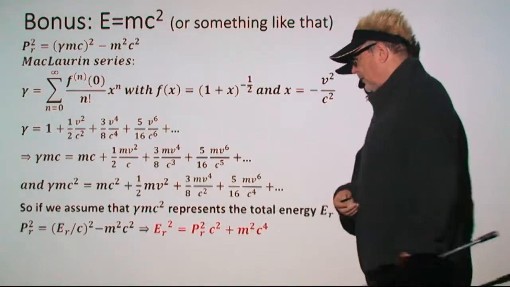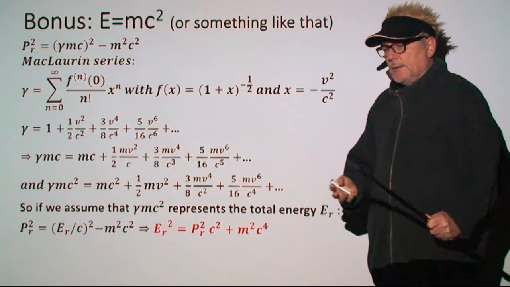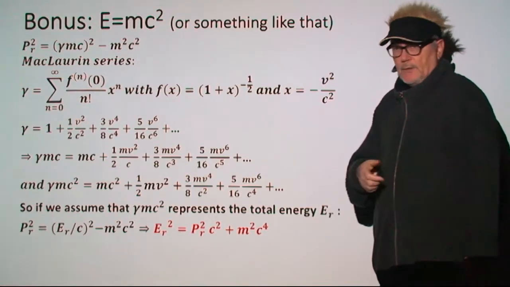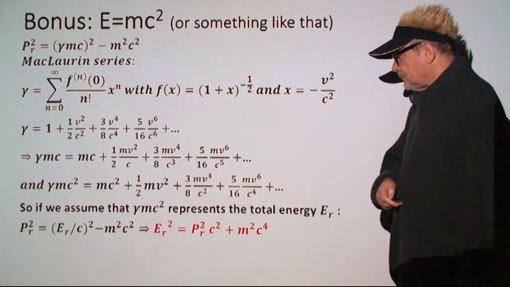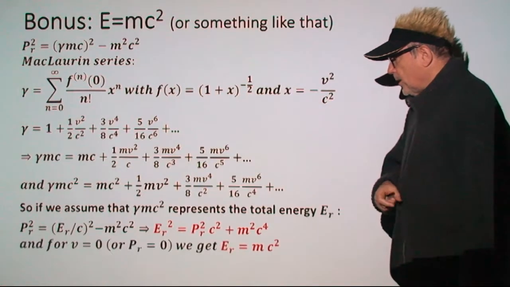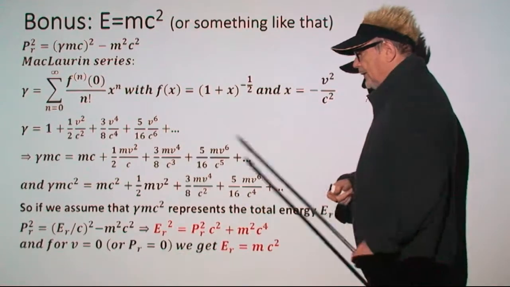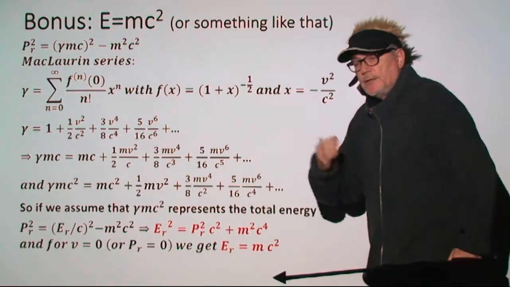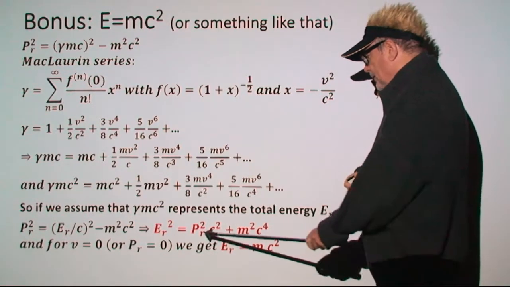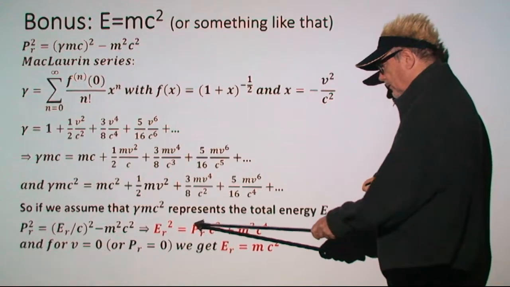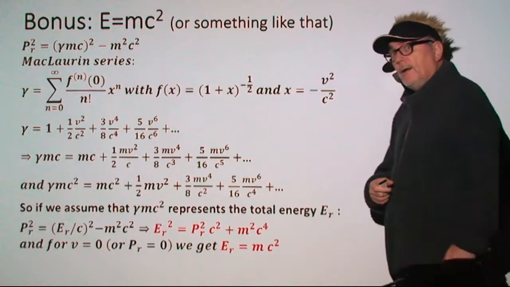And this is called, by the way, the energy momentum relation. It's very important. It's used in many derivations in relativity theory. But what's interesting is that when you are not moving, when the speed is 0 and therefore the momentum, which is a quantity of movement, is 0, then you get E at rest equals mc squared.